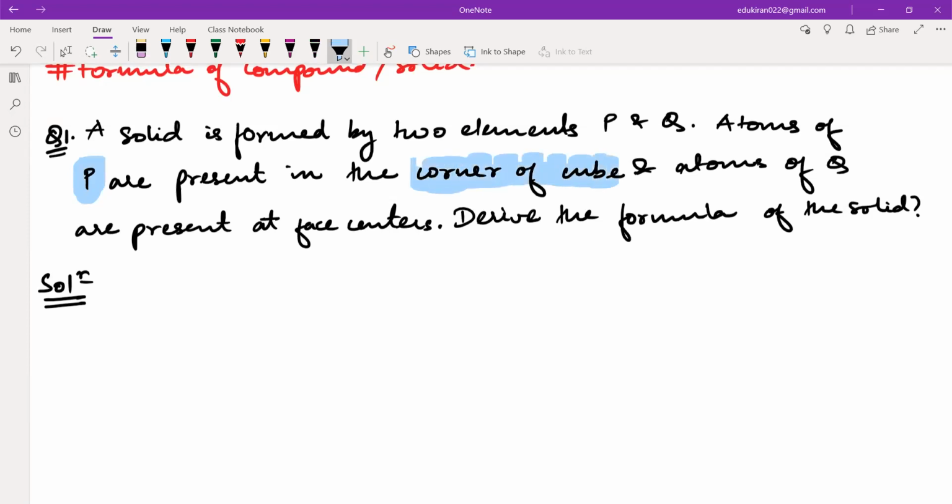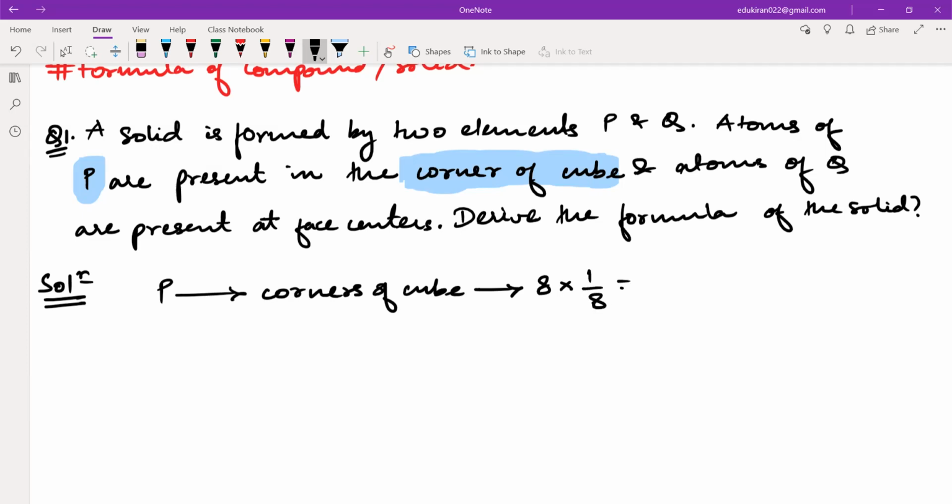So first thing, you'll write P, and then you'll say it is at the corner. And then you will tell me how many corners are there in a cube. There are 8 corners, and the contribution of each is 1 by 8, and this will give you 1. You will circle it, and then you will write Q.